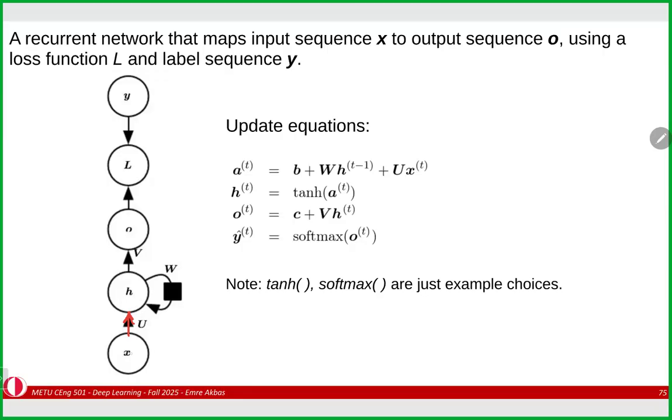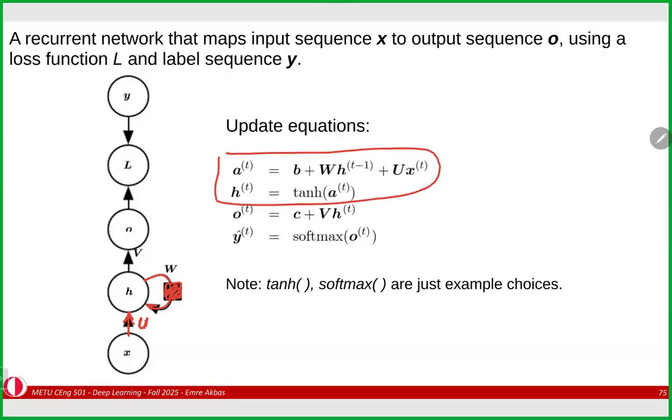And the way to do that is, as you can see, there are two parameters you can see here. The first one is U from between X to H, and the second one is W from HT minus 1 to HT, because remember, this was a time step, right? And these two matrices are used in this update equation.